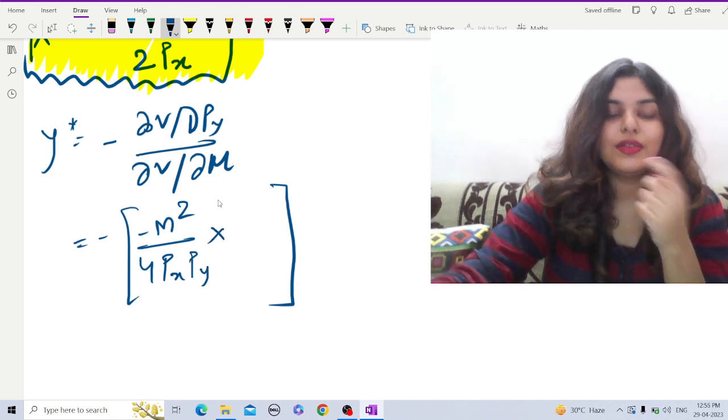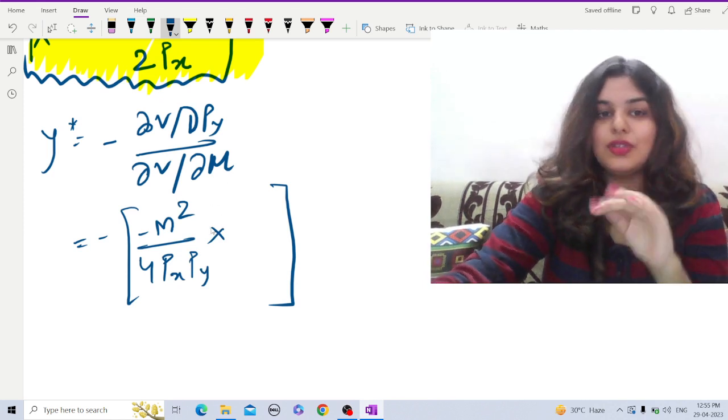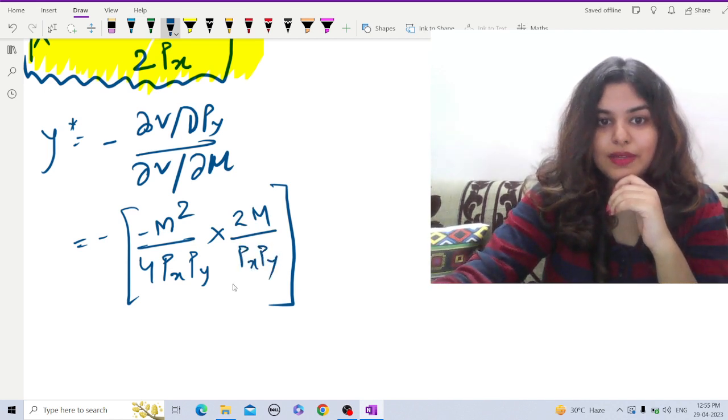Into what is delta v by delta m? So we are going to take the reciprocal because it is division.